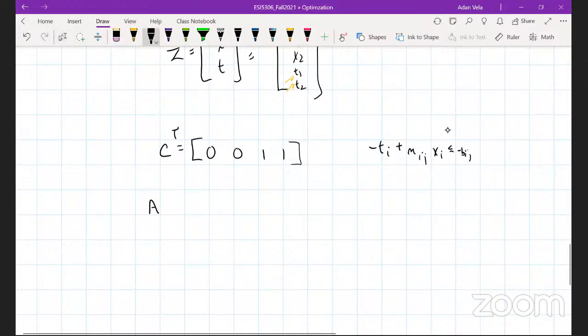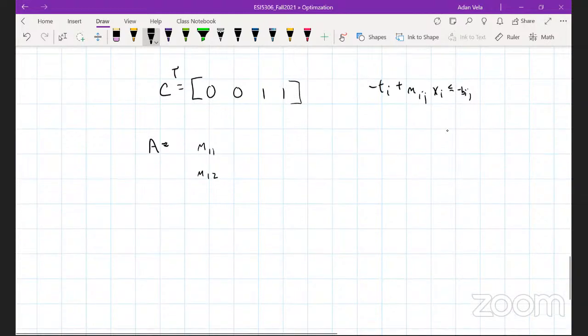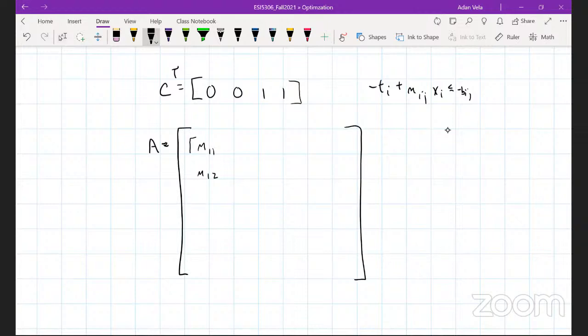In this case, our A is going to look something like the following. We're going to have M11, M12. In fact, if you want to think about it, we're going to make this big matrix. We're going to have a vector of all the m's that approximate the first function.